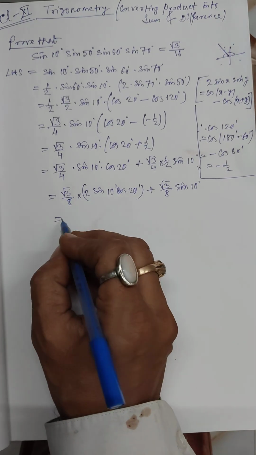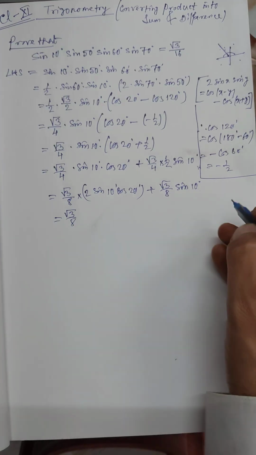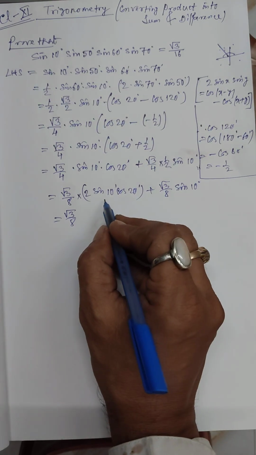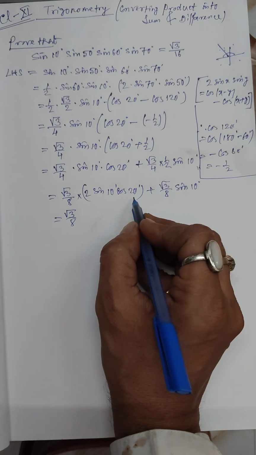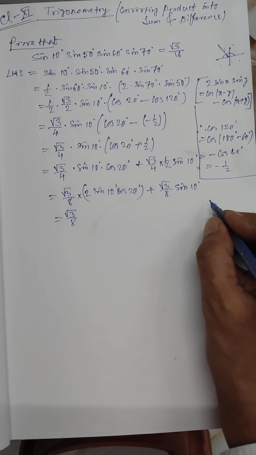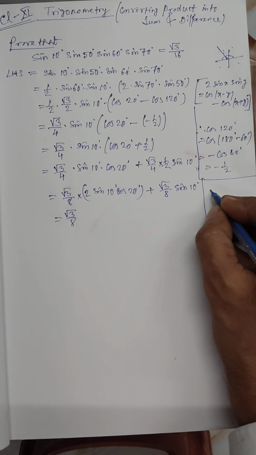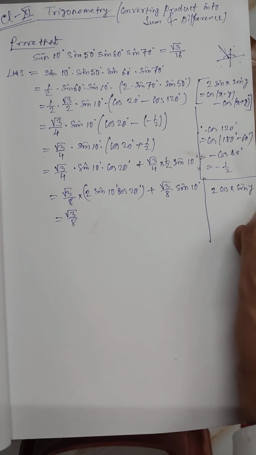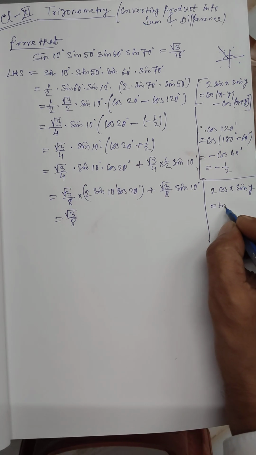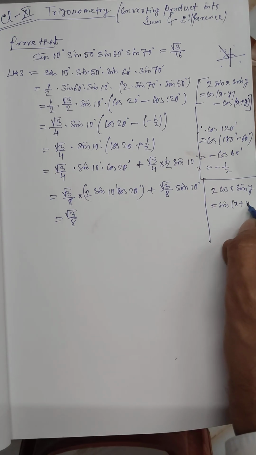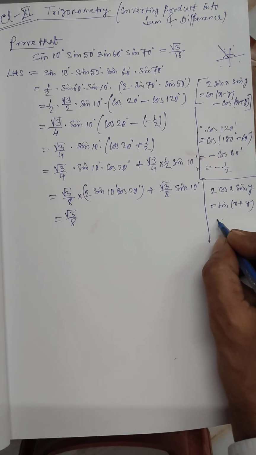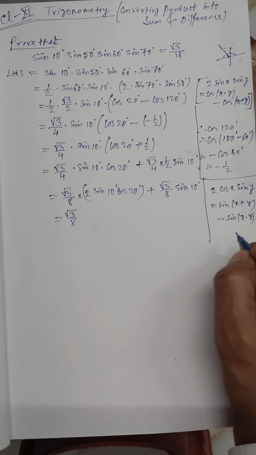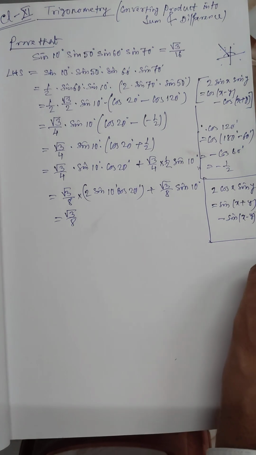Now, root 3 by 8, another formula for sine 10 degree and cos 20 degree. This is the formula: 2 cos x sine y is equal to sine x plus y minus sine x minus y. Now apply the formula over here.